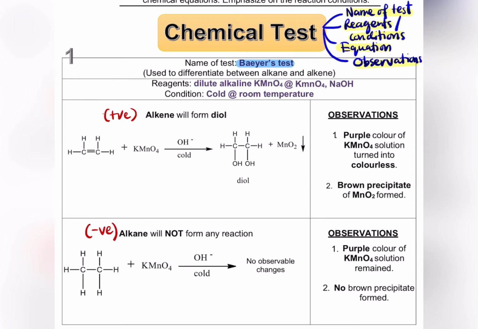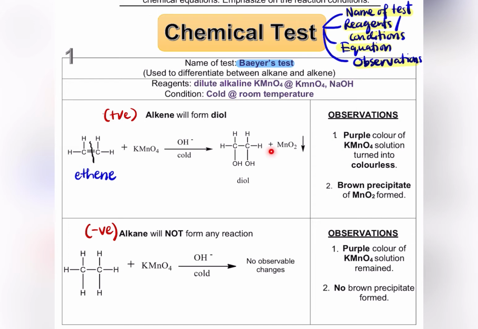So alkene can undergo Bayer's test where you got here ethene reacts with KMnO4, arrow on the top is OH minus or NaOH. Under the arrow will be the condition cold, and what will happen, alkene will form diol where you will break this double bond and add up 2 single bonds attached to OH, each of them.